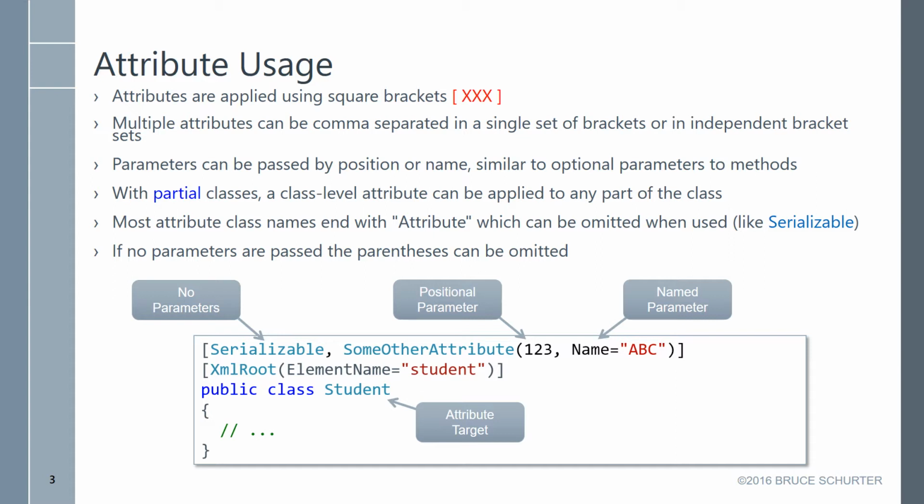Now, if no parameters are going to be passed to the constructor of the attribute, then you can leave out the parens completely. So sometimes you'll see the Flags enum attribute with or without the parens, because typically you don't have a parameter passed to the constructor of Flags. So you'll just see it as Flags without the parens or possibly with the pair of empty parens.